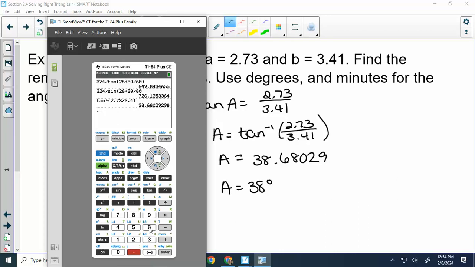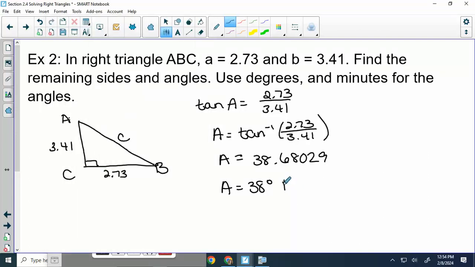So if I take 0.68029 times 60, how many significant digits did we have in the problem? 3. So 38, that's already 2. This is 40.8. Can I call it 41? No, because that would be 4 significant digits. So we'll just have to say 38 degrees, 40 minutes.